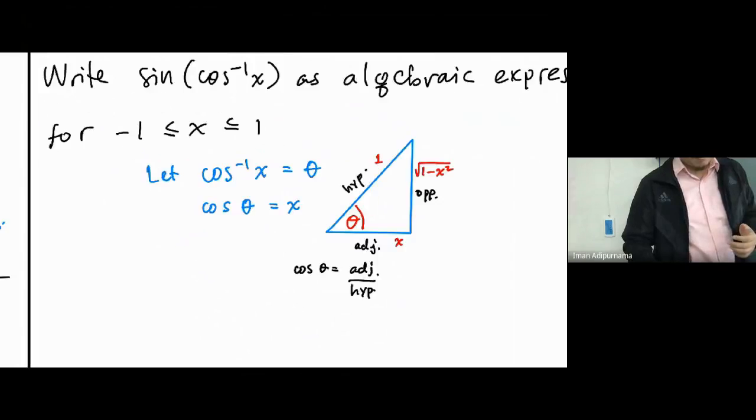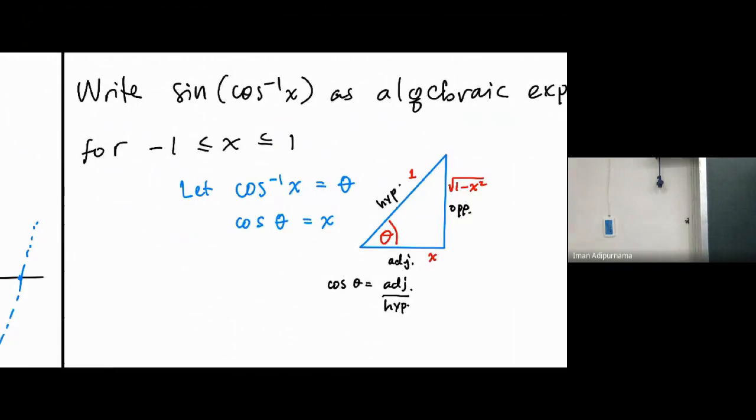So let me go back to our original question, sine cos inverse x. If we are dealing with cos inverse x as theta, then the actual term for sine cos inverse x is just sine theta. Agree?